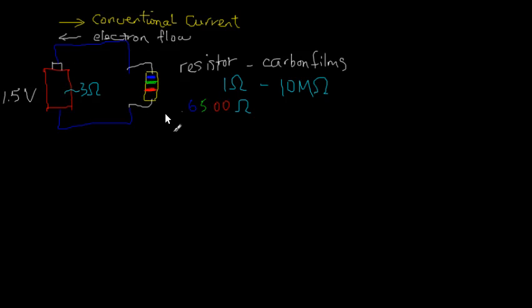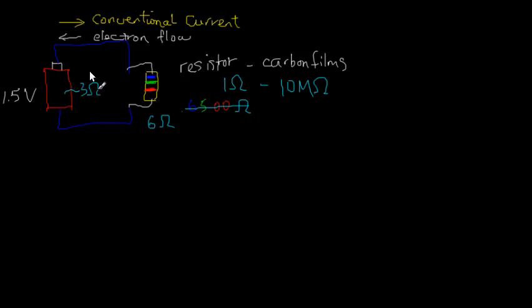And just for this example, I'm not going to use the 6500 ohm resistor. I'm just going to take, say, a 6 ohm resistor. So for now, just ignore the color coding. So let's say this is a 6 ohm resistor, and the battery offers an internal resistance of 3 ohms.